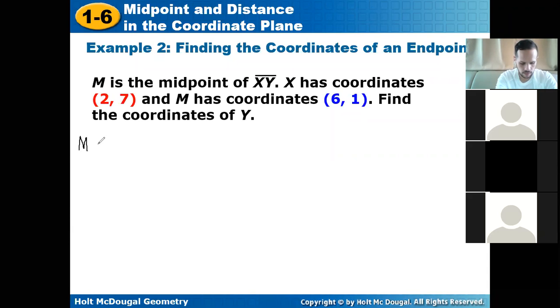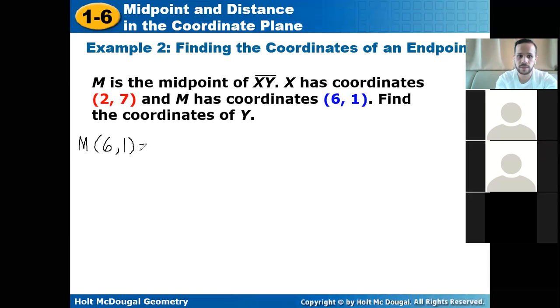So we got the M. La M, ¿cuál es la M? 6, 1. So students, what are we missing here in this problem? We got the X coordinates, but what are we missing then? ¿Qué nos hace falta? The Y. So we got to find the Y. Nos da la M, nos da el midpoint. So we got to find the endpoints of Y.